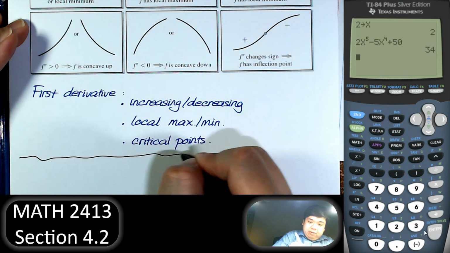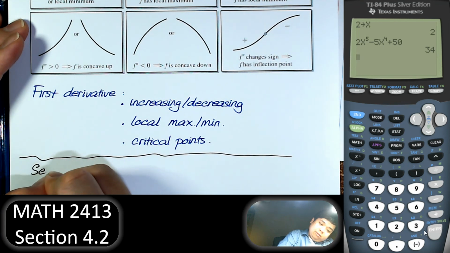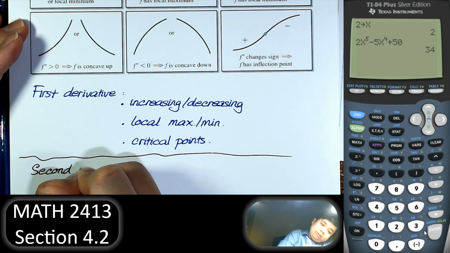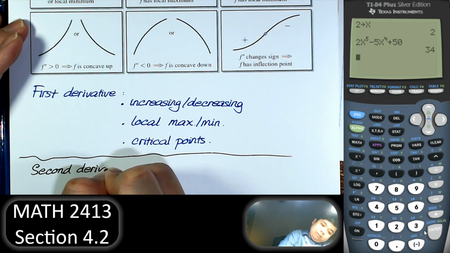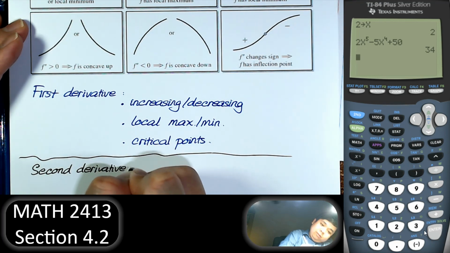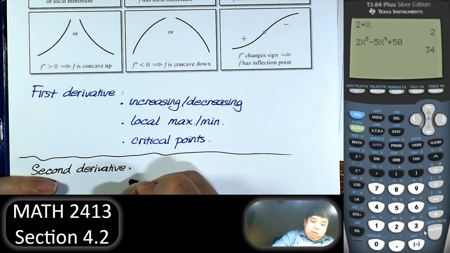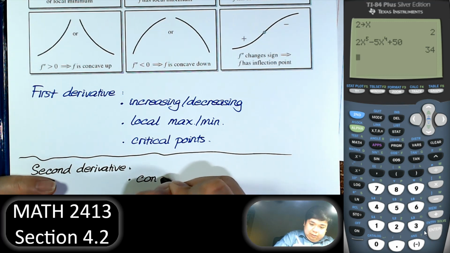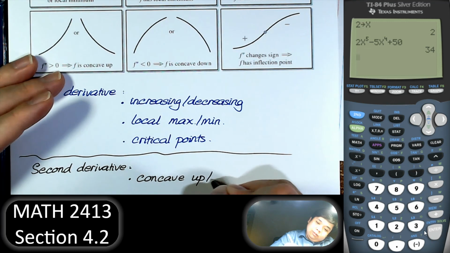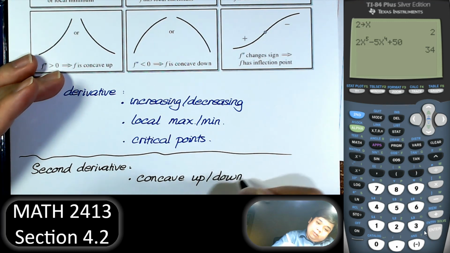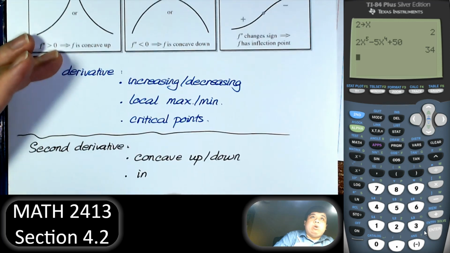The second derivative gives us concave up, concave down, or inflection point.